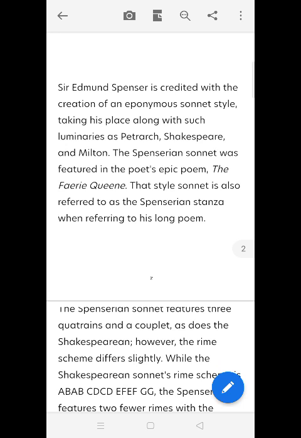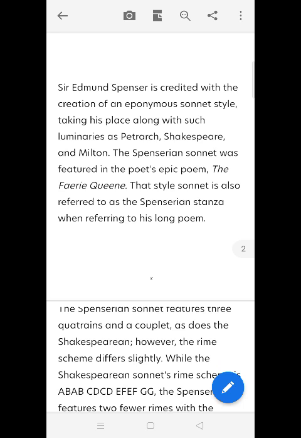As we know, there are different types of sonnet style, as Petrarchan sonnets, Shakespearean sonnets and Miltonic sonnets. The Spenserian sonnet was featured in the poet's epic poem, which is titled The Faerie Queene.